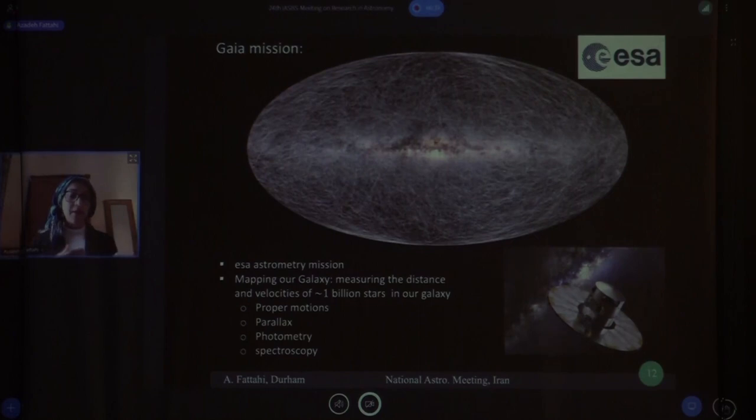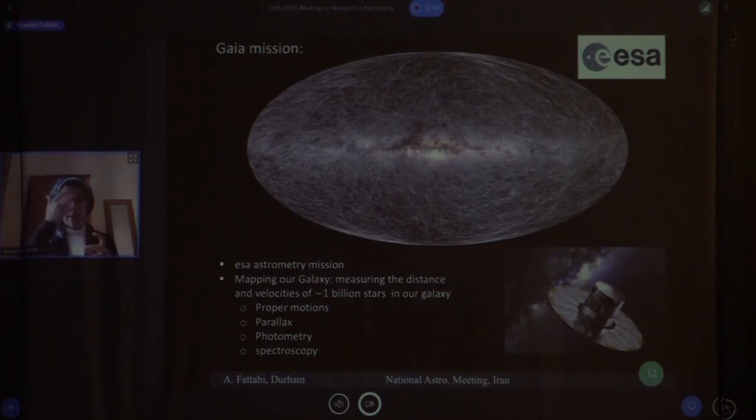Basically, Gaia revisits the sky multiple times over its mission, and because of that, it can measure proper motions of all these stars. And then it can do spectroscopy of brighter stars, so it can also derive chemistry, some of the stellar properties like stellar ages, gravity, etc. So it is giving us a lot of information about the stars around the Milky Way, at least around the solar neighborhood.